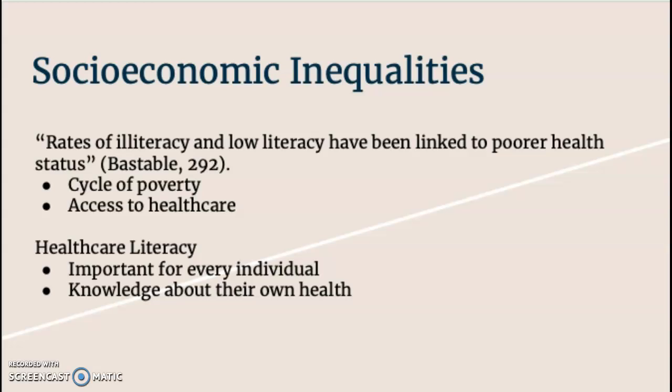Characteristics that we discussed last slide, like education, wealth, occupation, they all have a tremendous effect on health status and behaviors of individuals, whether they are in poor status or wealthy status. So one touched on here is the cycle of poverty.